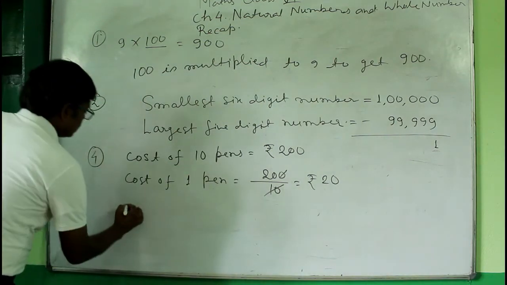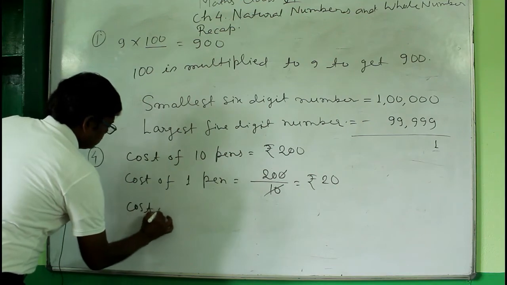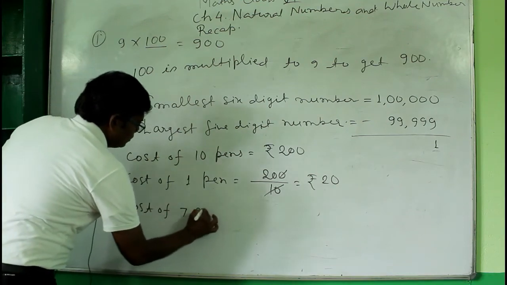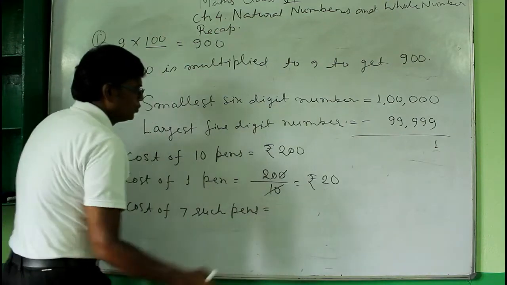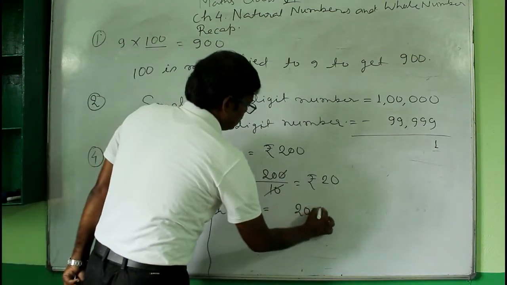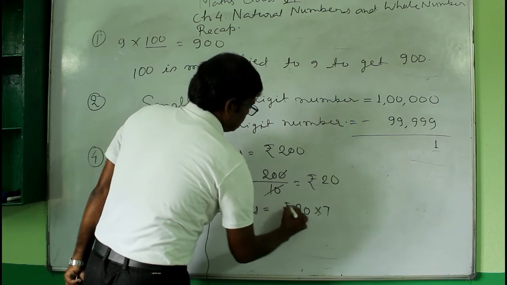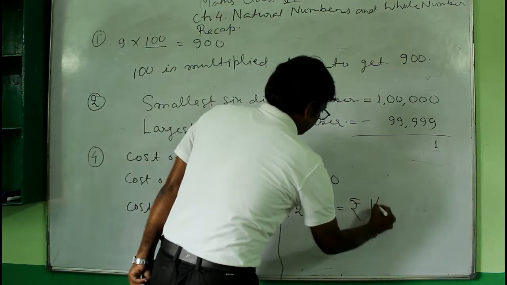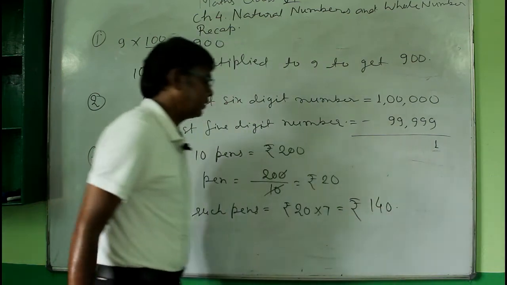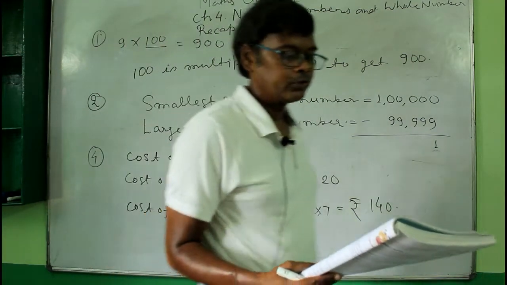Then the cost of 7 such pens equals 20 into 7, equal to rupees 140. So this is the answer of this question.